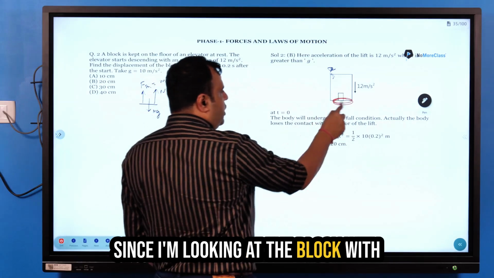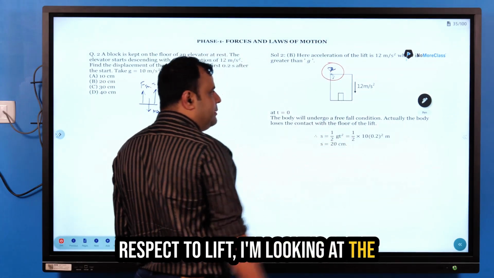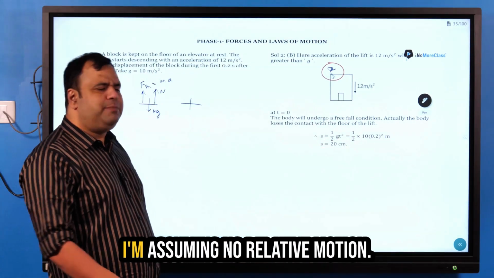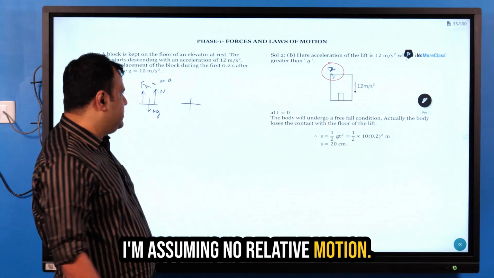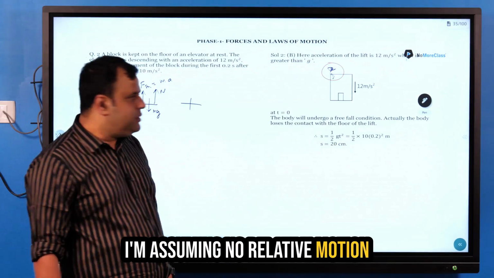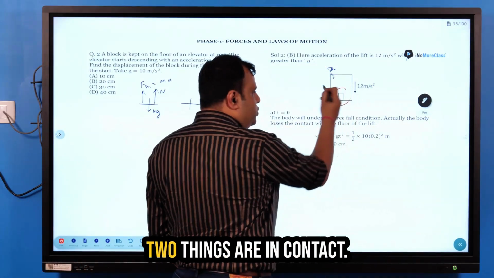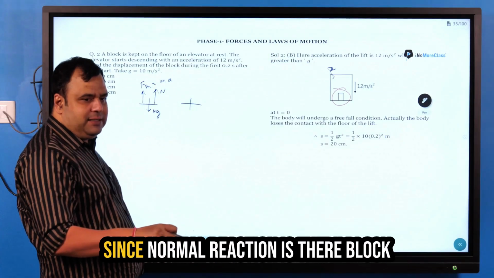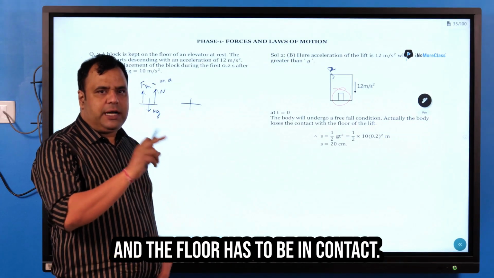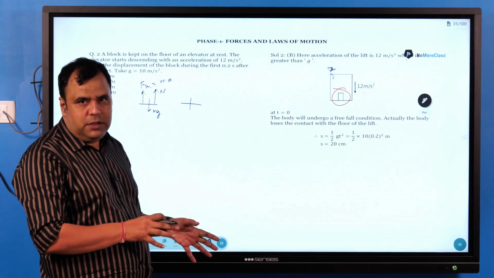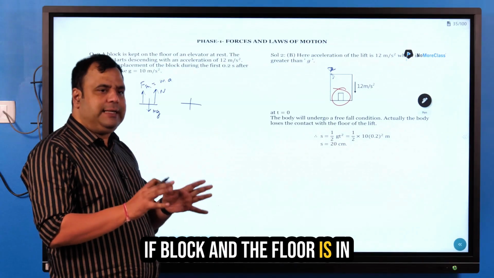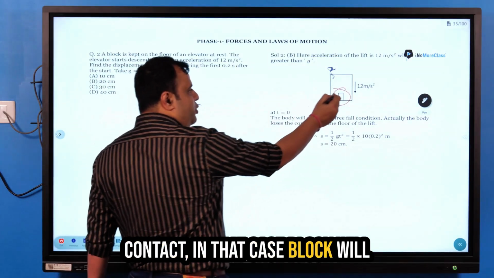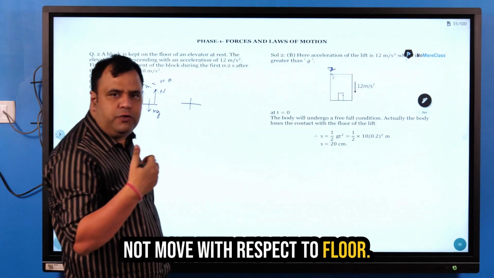Since I'm looking at the block with respect to lift, I'm assuming no relative motion. Why am I assuming no relative motion? Because I'm assuming these two things are in contact. I'm assuming normal reaction is there. Since normal reaction is there, block and the floor have to be in contact. If block and the floor are in contact, in that case, block will not move with respect to floor.